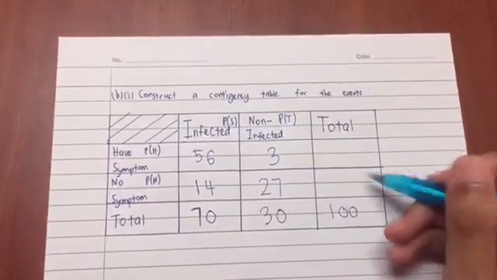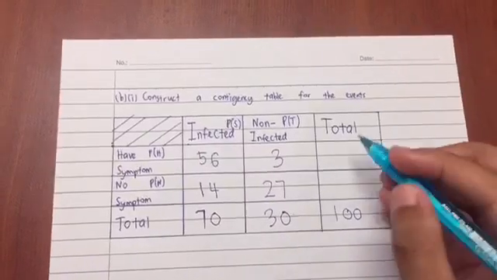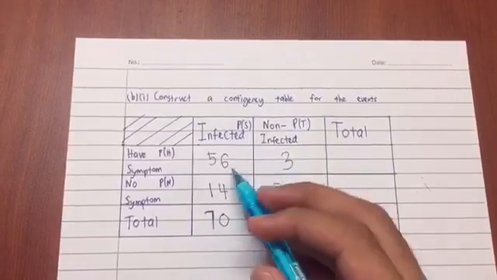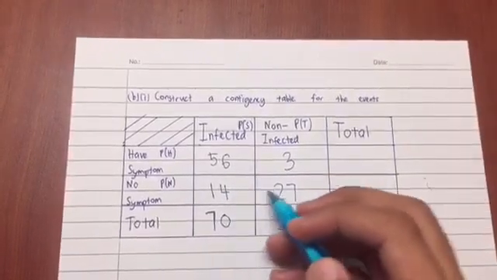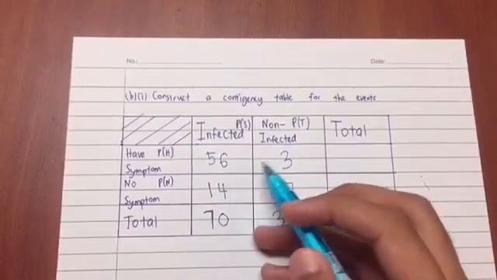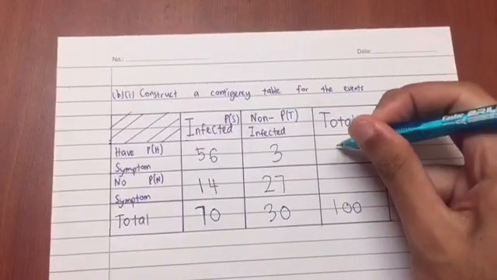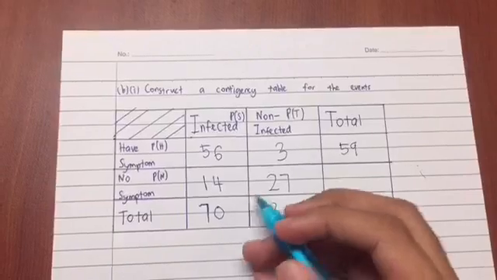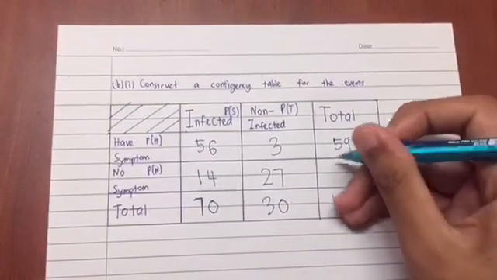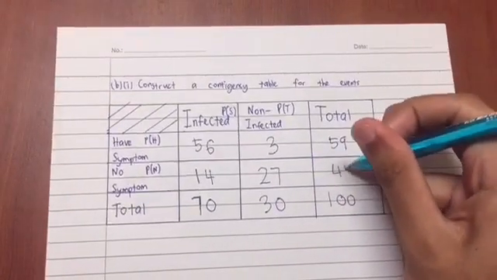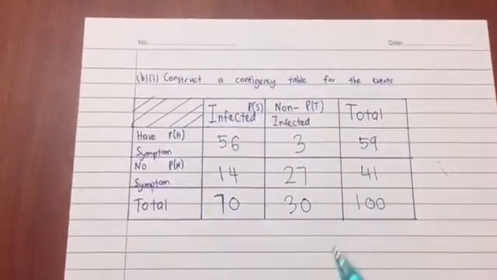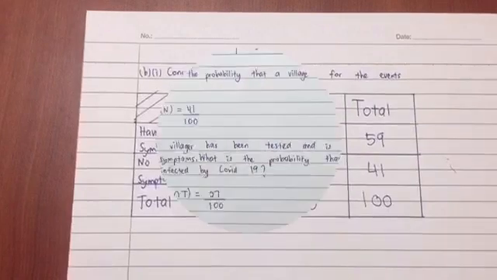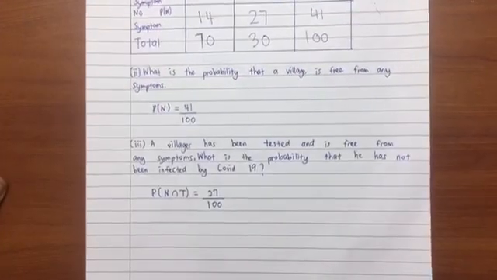For the totals, we just add this value and this value. So 56 plus 3, we get 59, and 14 plus 27, we get 41. So that's it for question B1 Roman, and I will continue with B2 Roman.